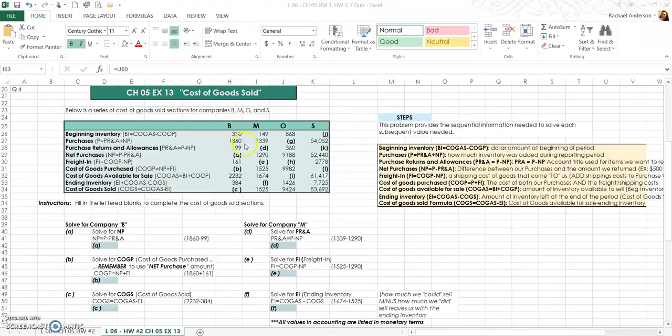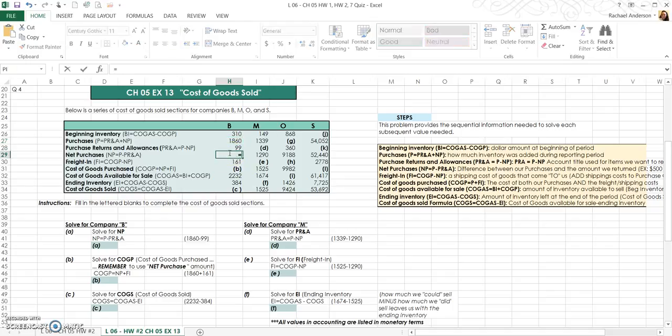So for company B, we're going to be looking for net purchases, which is found by taking our purchases and subtracting our purchase returns and allowances. So we will take our purchases, which is $1,860.